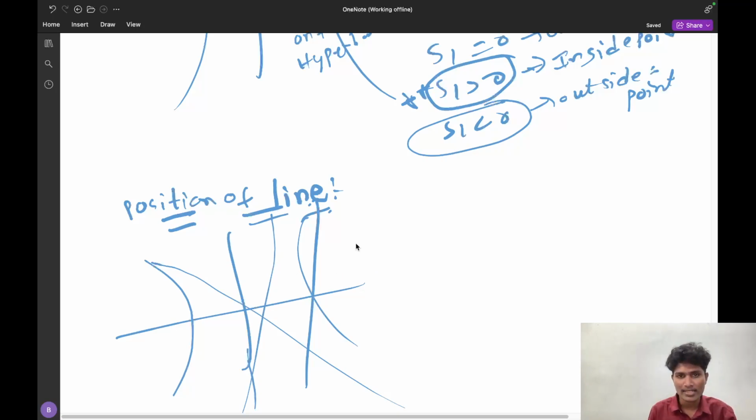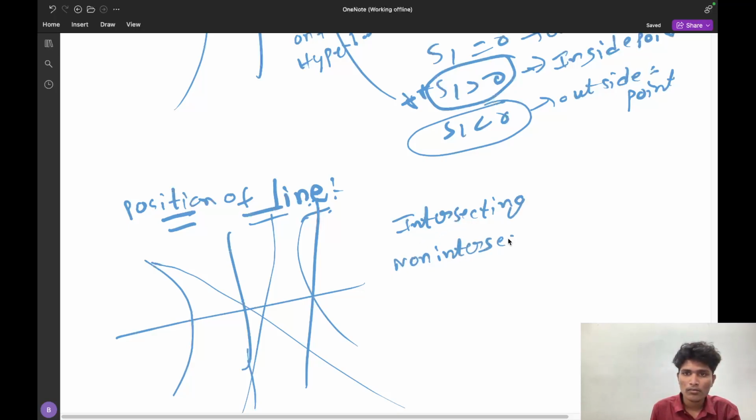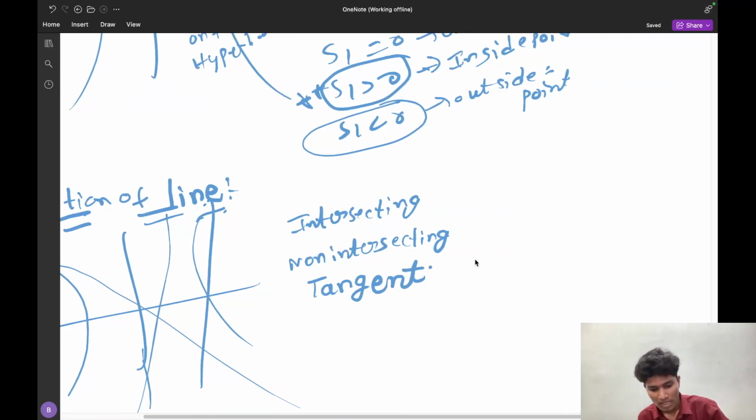So there are three cases: intersecting, non-intersecting, and tangent. Yes, so if you observe carefully, it is intersecting, non-intersecting, intersecting, non-intersecting, and tangent.